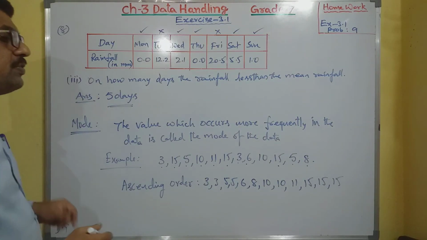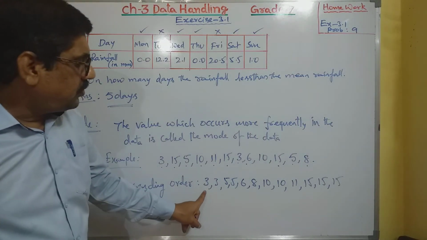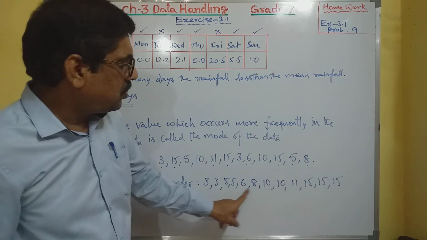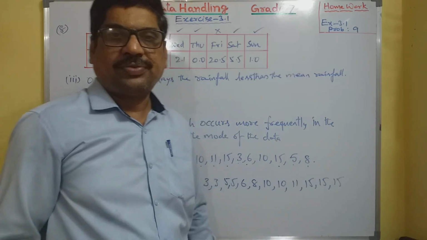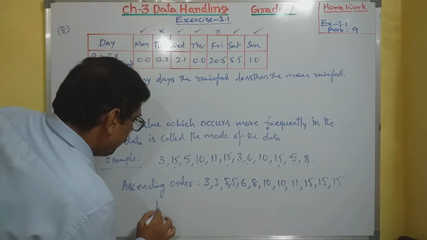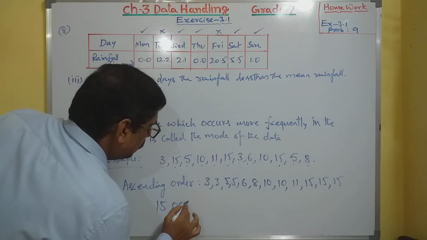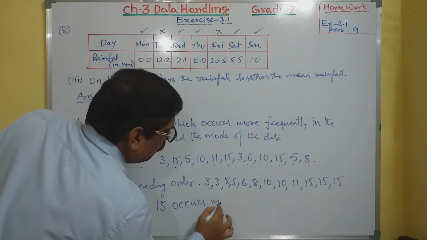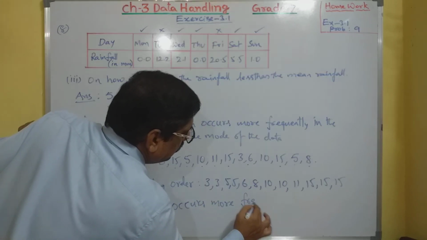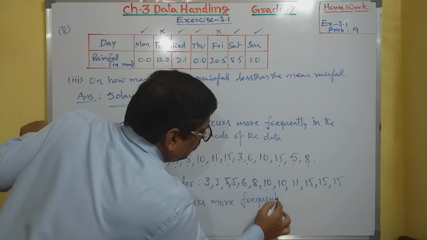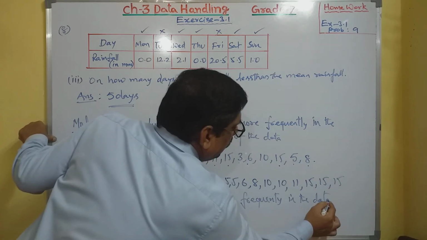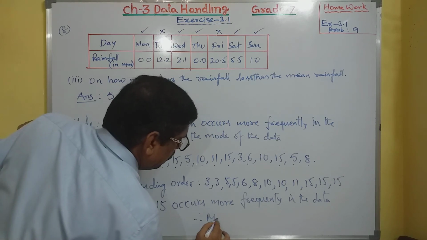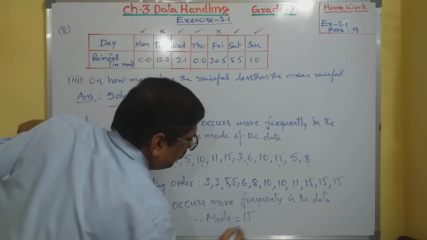So which number is there for more number of times? Here see, 3 is there for 2 times, 5 is there for 2 times, 10 is there for 2 times, but 15 is there for 3 times. So 15 occurs more frequently in the data. Therefore, mode is equal to 15.